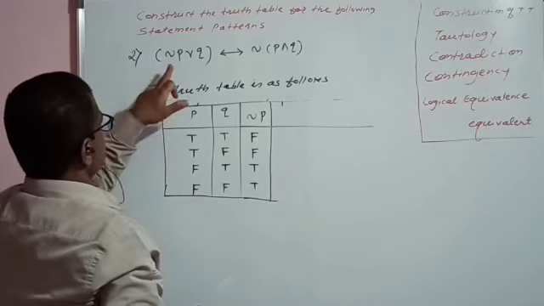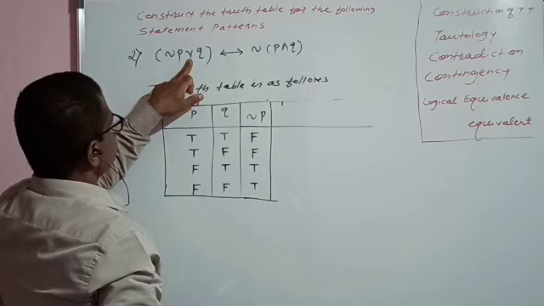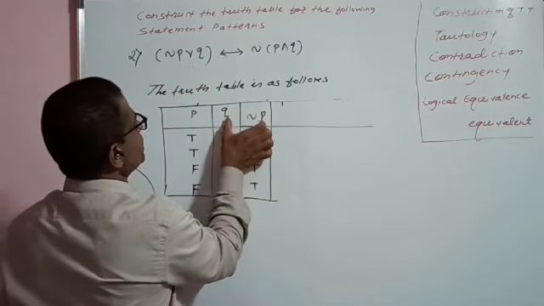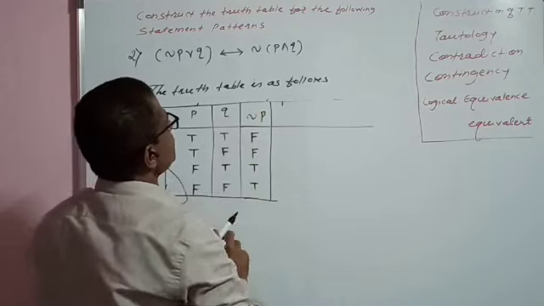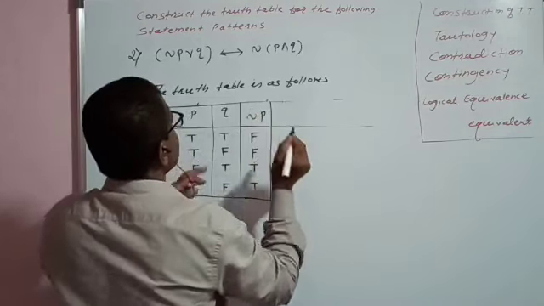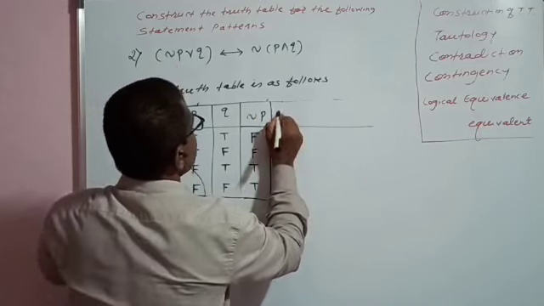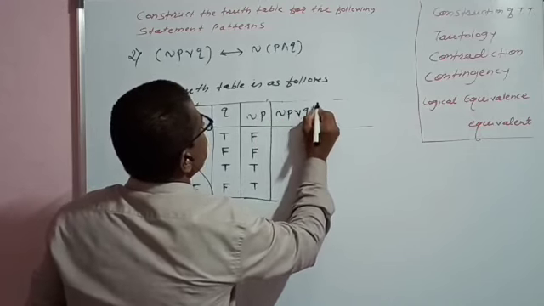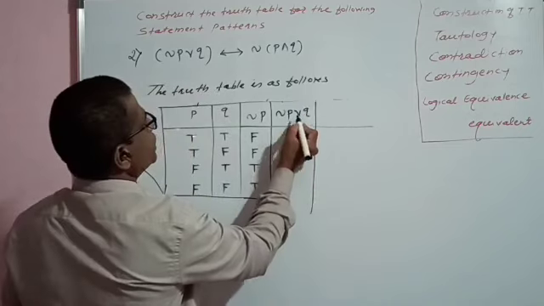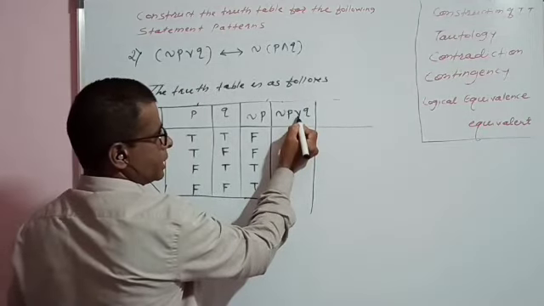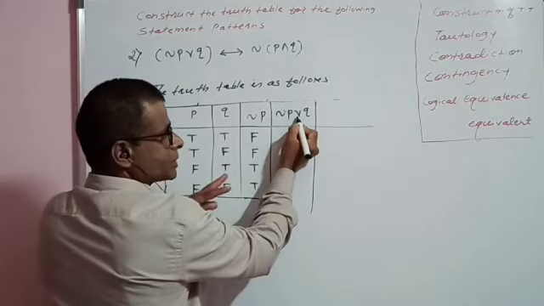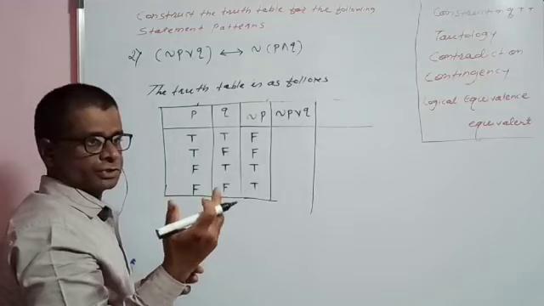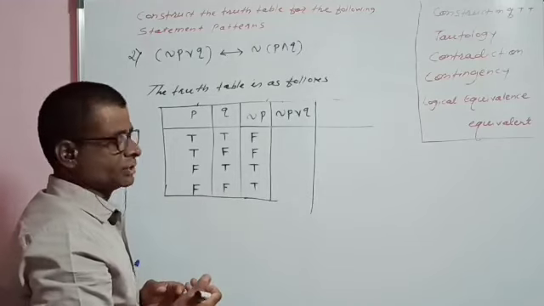Then you have to take the disjunction of negation of P and Q. You have to take the disjunction of these two statement letters. So negation of P disjunction Q. The disjunction is true if both the statements are true, or if any one of the two statements is true, even then the disjunction is true.